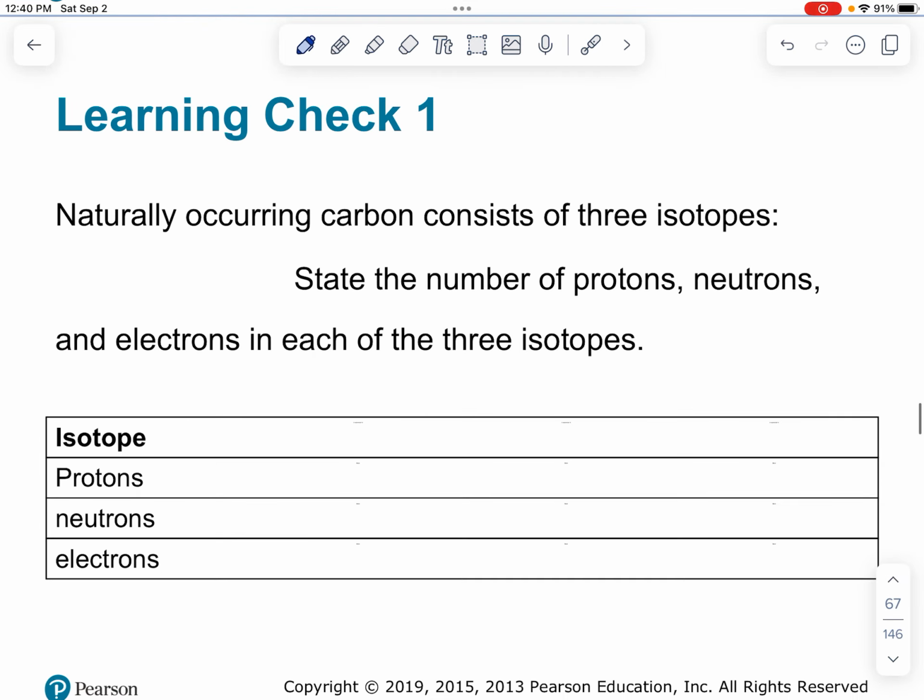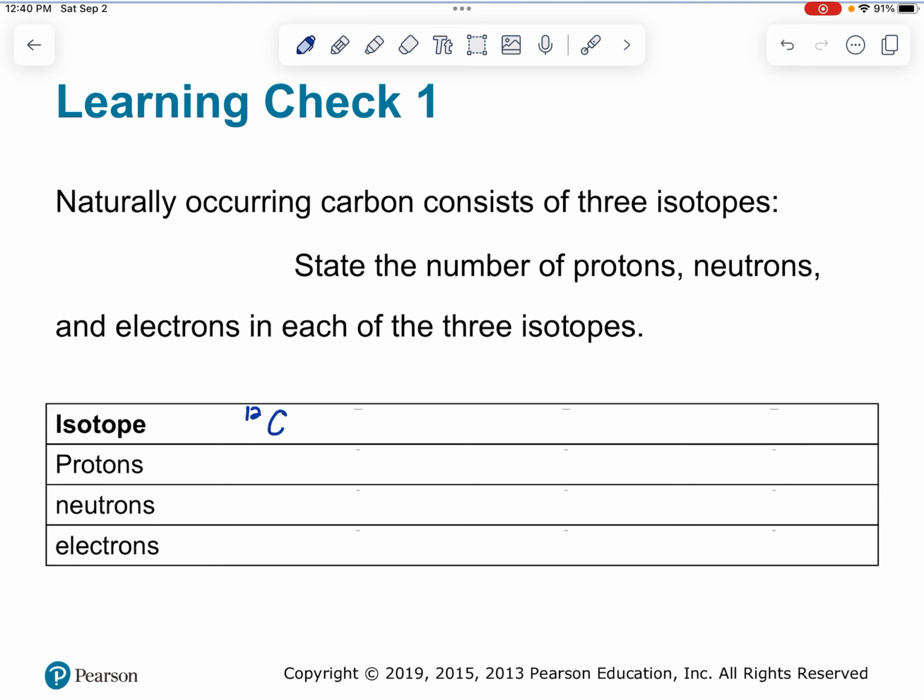Naturally occurring carbon consists of 3 isotopes: carbon 12, carbon 13, carbon 14. State the number of protons, neutrons, and electrons.